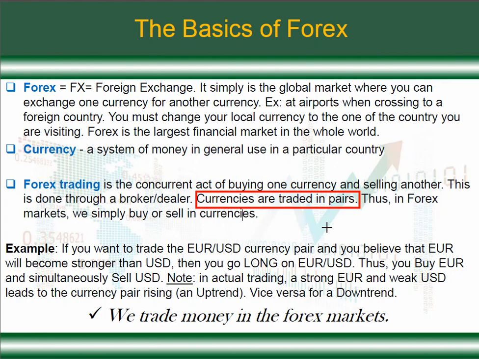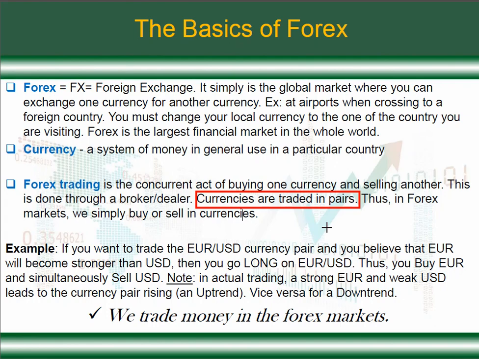So you have to sell your Australian dollar to buy the US dollar. And when you're coming back from US to your country, Australia, now you have US dollars. That means you have to sell the US dollars that you have to buy Australian dollars.